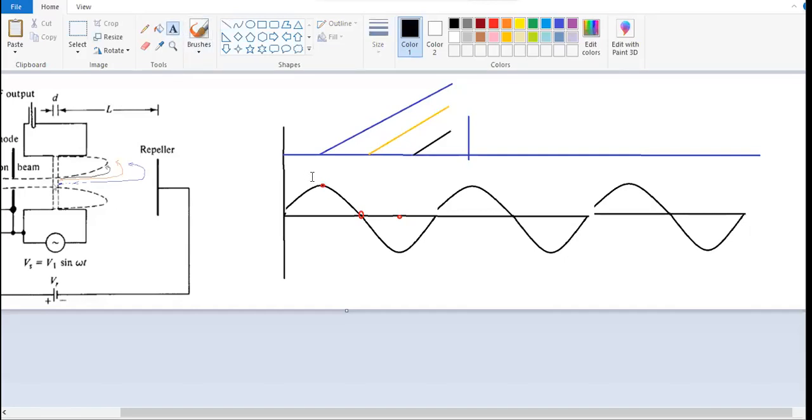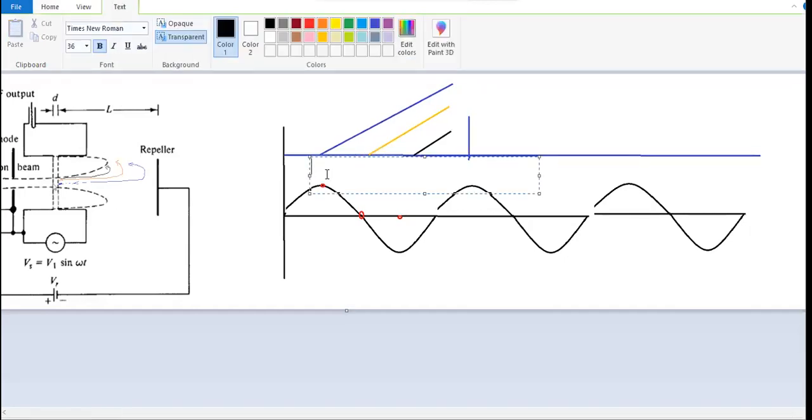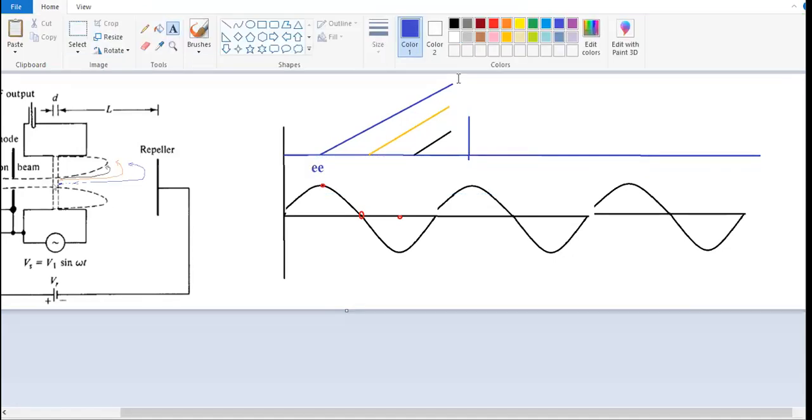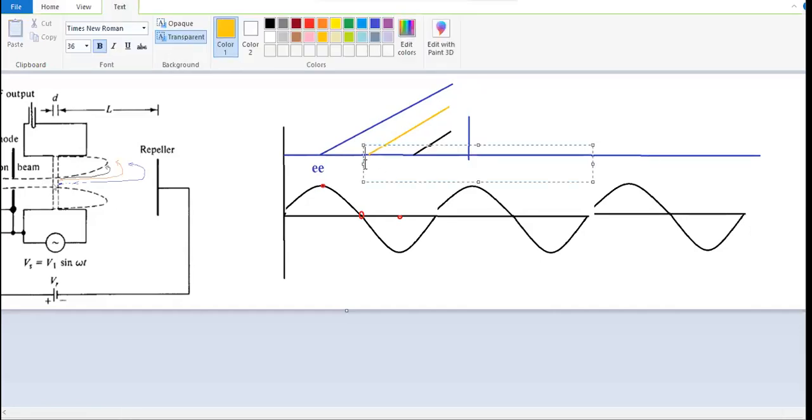So this is the early electron, E I will name, so this is early. And this electron is the reference electron, ER I will name. So this is ER.